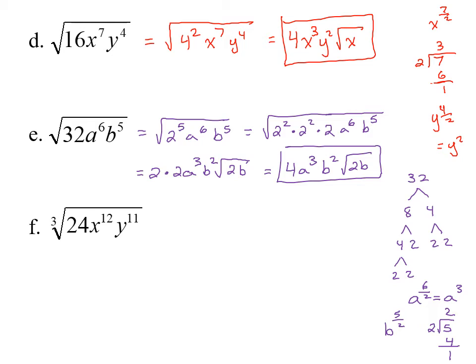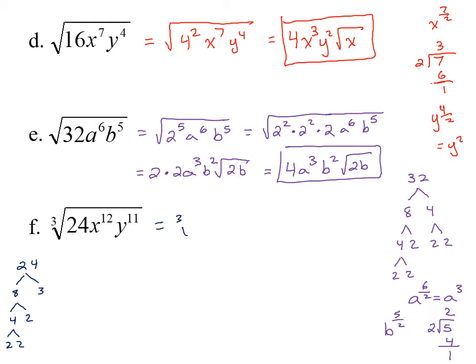On part F, we're doing cube roots here, so you need the numbers to match with cubes in the front. So my 24, I'm going to say that's 8 times 3. The 3 doesn't simplify anymore, but this is 4 times 2, or 2 times 2 on the 8.